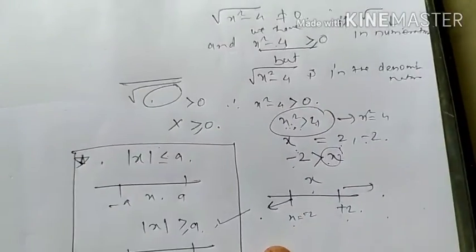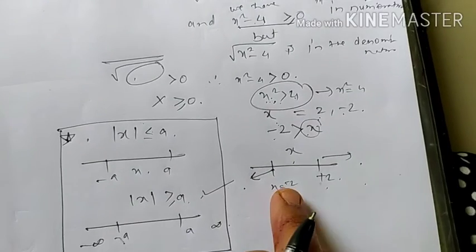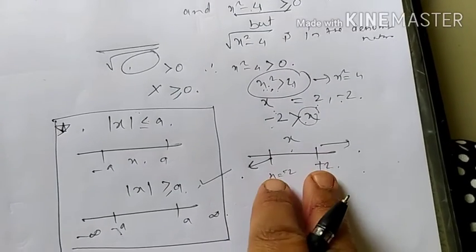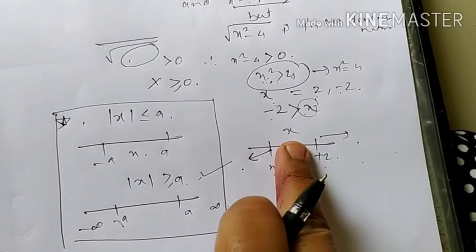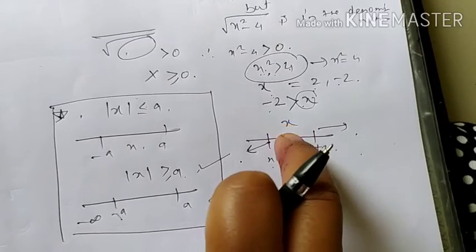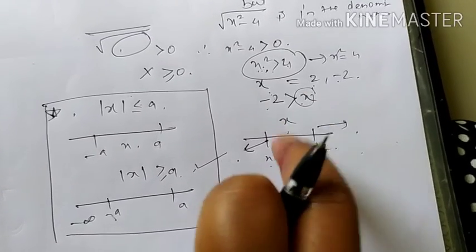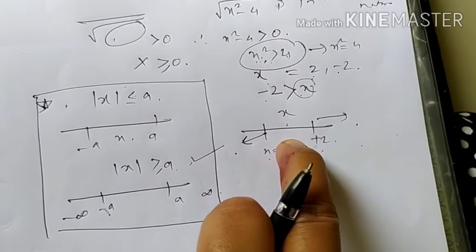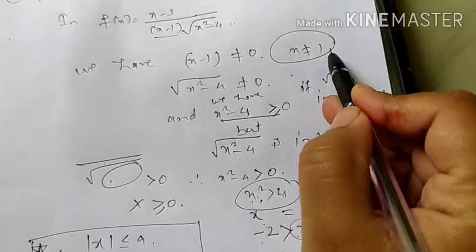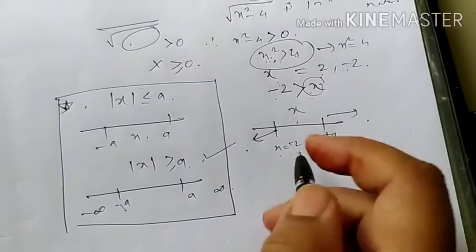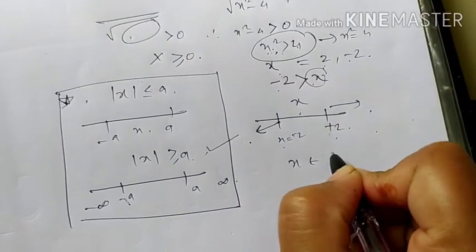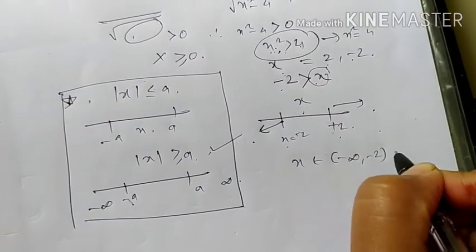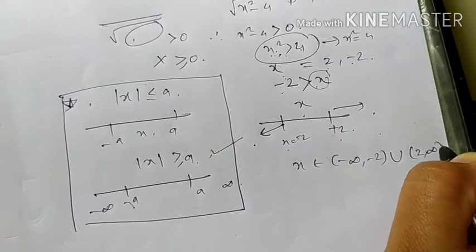But here we are getting x values not in between minus 2 to 2, and the x = 1 value is also in the same interval. So no need to consider this, because already we have considered x belongs to minus infinity to minus 2 union with 2 to infinity.